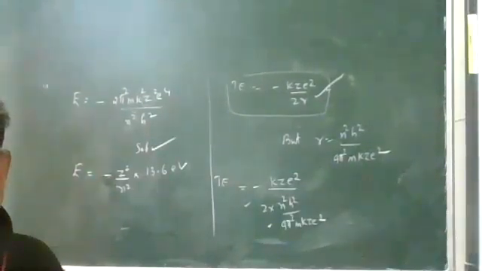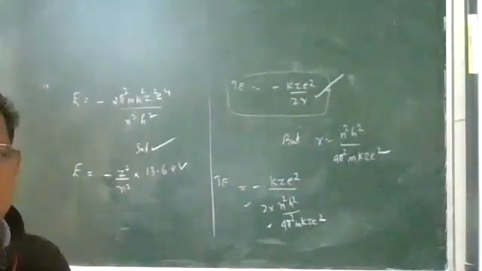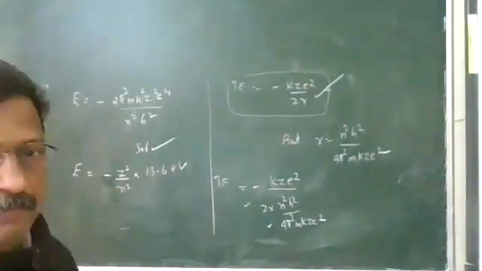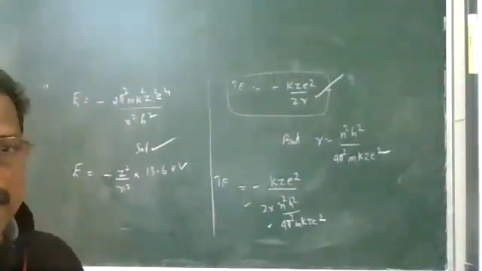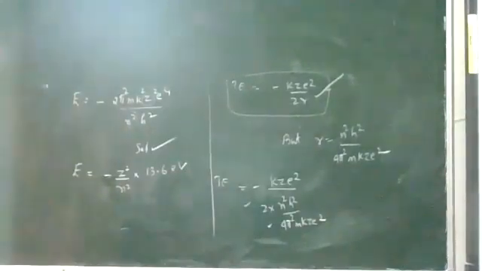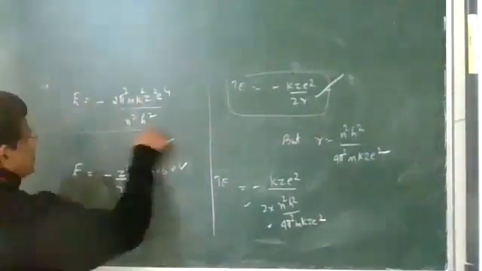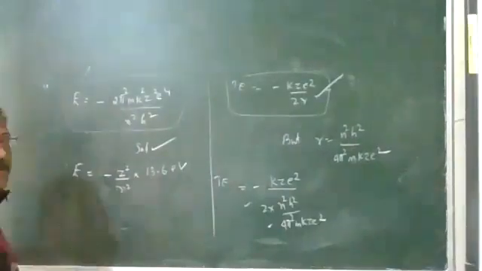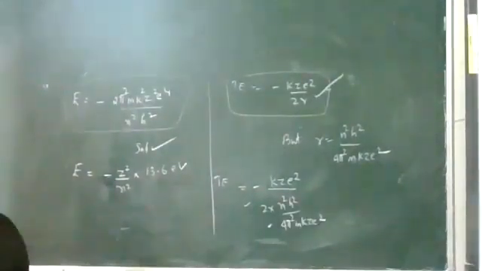I think you are familiar with this value, 13.6 electron volt, so you will remember it. For the hydrogen atom, this is the energy equation. This equation is very important. We use it later for explaining spectral series, the Rydberg formula.